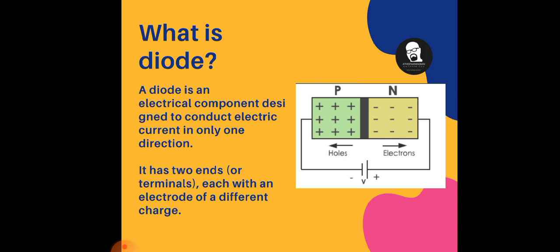So examples of p-type semiconductors are boron or aluminum, which has 3 valence electrons, and examples of n-type semiconductors are phosphorus or antimony, right?